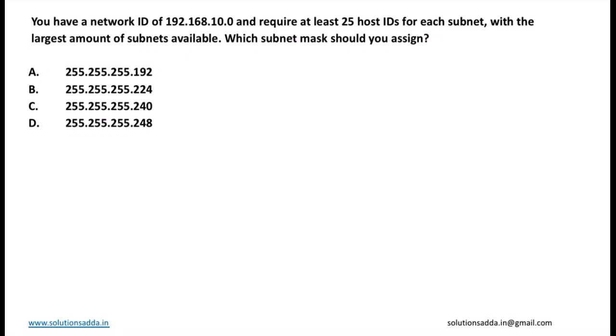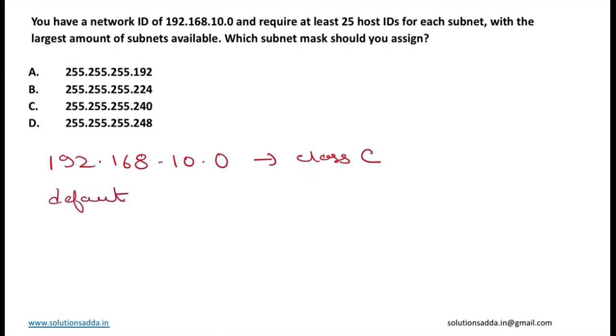So we are given network ID as 192.168.10.0. This belongs to class C, and default mask for class C is 255.255.255.0.